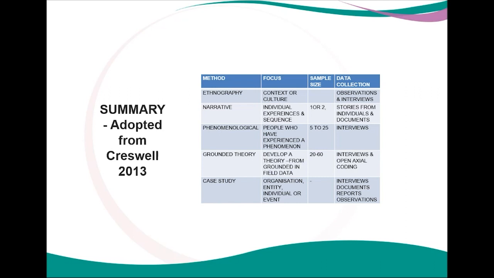So the population size doesn't matter really. And then your data collection instruments would be observation and interviews. With narrative, you can have 1 or 2 individuals. Phenomenology, you can have 25. When you're doing grounded theory, you can have 20 to 60. A case study, you can have as many people as you wish.